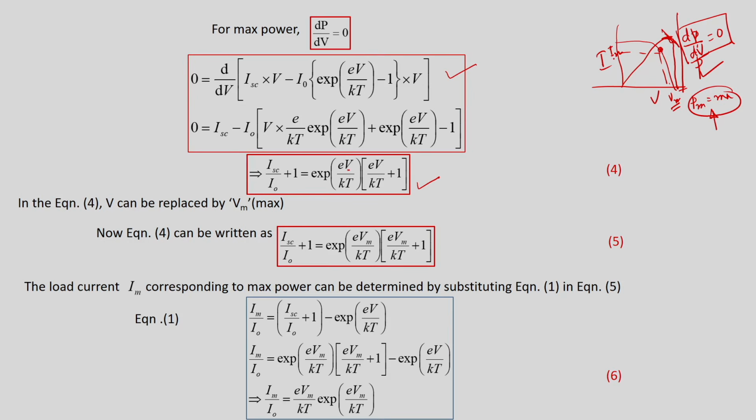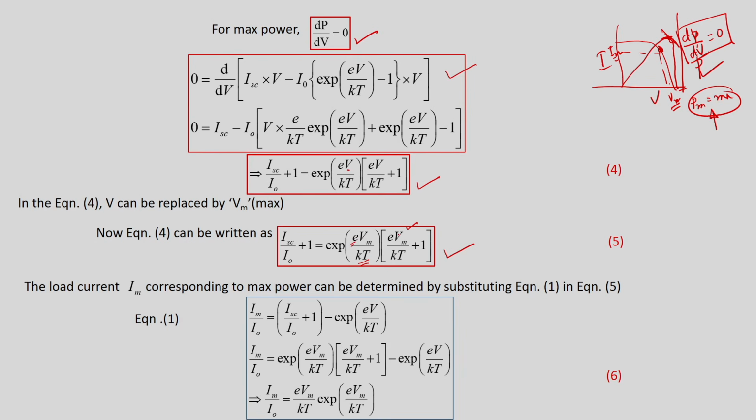Once we know Vm and Im, of course we can calculate Pm. At these conditions, where dP/dV is 0, we have this expression for Vm. By using this expression we can calculate the value of Vm once we know Isc and I naught, since these values are known.